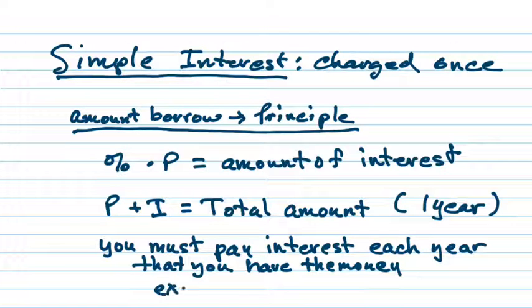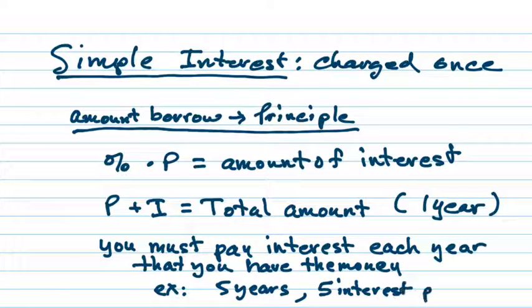So, for example, 5 years, 5 interest payments. But they're always the same. So we can just do it as a multiple. So 5 years means multiply the interest amount times 5. If you kept it 10 years, multiply the interest amount times 10. Okay?